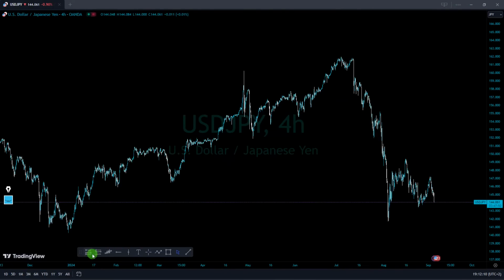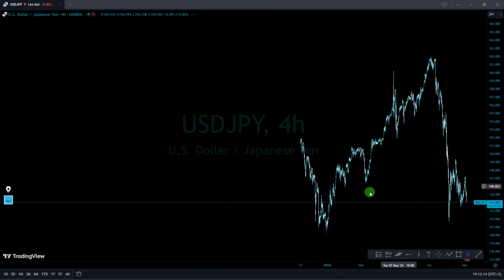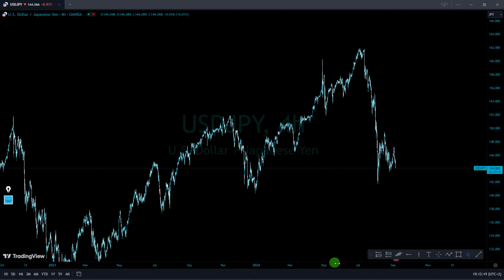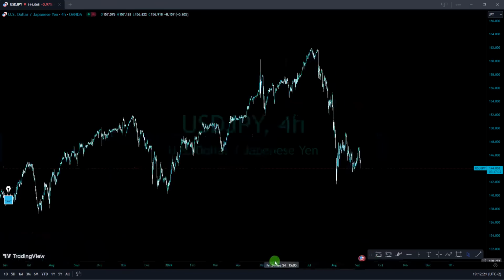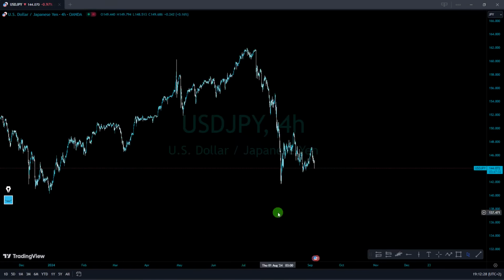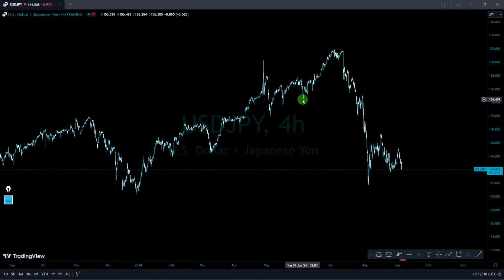What you're going to do here is make sure that the chart fits nicely on your screen so that you can see the uptrends and the downtrends. You see. I like this strategy because even if we're going to talk about breakouts, it's still going to make sense if you still have a problem identifying the trends.